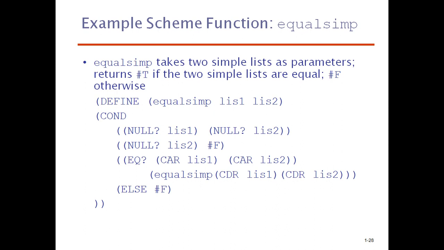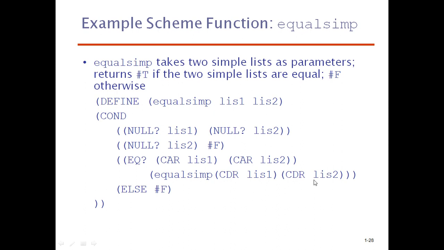So further, you recursively call this function. Here it looks like recursion, but finally it will end up as tail recursion, or we can say iteration. So equal simple CDR list1 CDR list2. CDR means it will remove the first element and present the rest of the elements in the list. In the same way for the second list also. If this is also not satisfied, then finally it will return false.